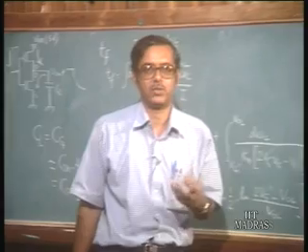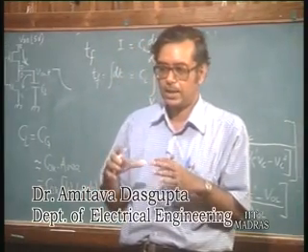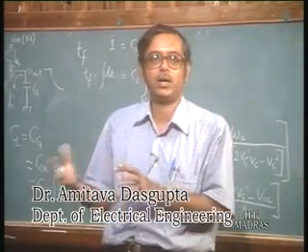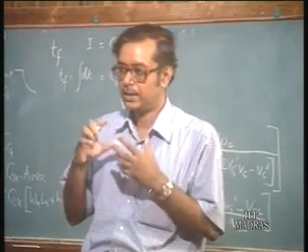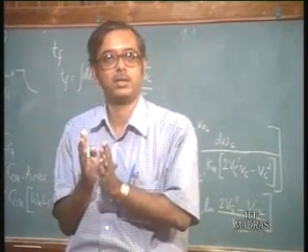In the next class, we shall find out how the delays depend on the dimensions. In fact, we shall see that the length of the device is much more important for this delay.